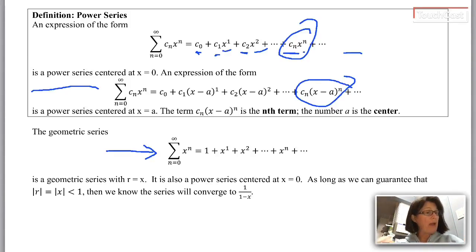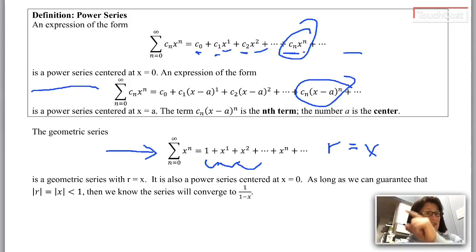This is a power series, and every geometric series is a power series. This one also happens to be geometric. What would you multiply by every time to get the next term? In this particular series, which is both a power series and a geometric series, r happens to equal x, because x is the thing I'm multiplying by to get the next term each time. Well, this is super cool.